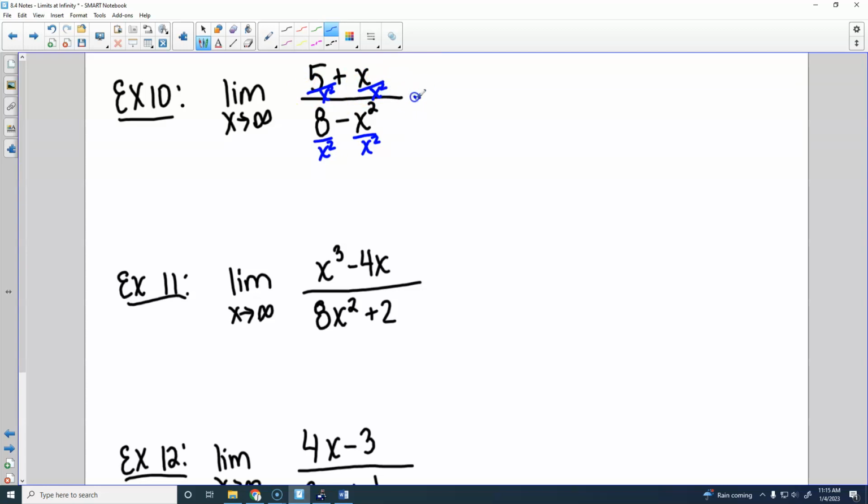Okay? So if we simplify this a little bit, we're going to have 5 over x squared plus x over x squared. One of those x's will cancel, so we'll just get 1 over x there. We got 8 over x squared. And what's x squared over x squared? 1.